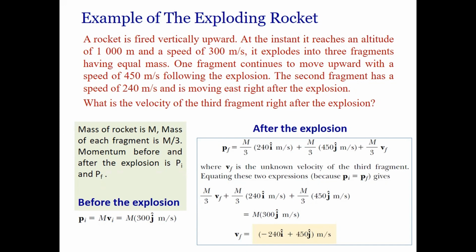We know that when it reaches the altitude of 1000 meters, a speed of 300 meters per second is there. So mass times 300 meters per second, but it is vertically upward, so the j unit vector is used. The j unit vector is telling us that this is vertically upward speed.